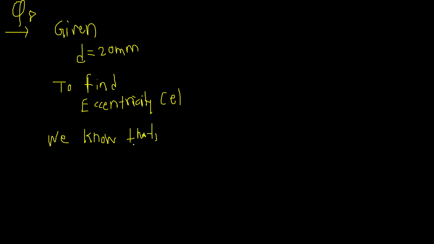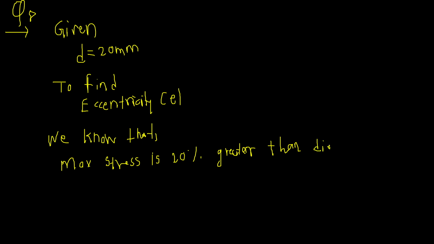It is given to us that write down the statement maximum stress म्हणजे sigma max is 20% greater than डायरेक्ट स्ट्रेस. ही कंडिशन दिली आहे क्वेश्चन मध्ये. ठीक आहे, काय दिलेली आहे? मॅक्सिमम स्ट्रेस जे आहे ते 20% जास्त आहे डायरेक्ट स्ट्रेस पेक्षा.